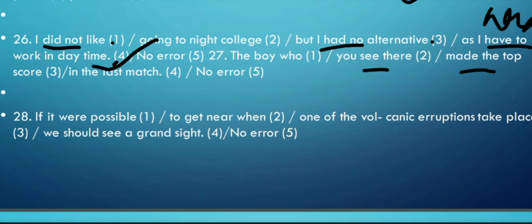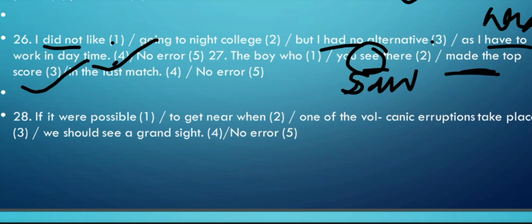Okay, so the error will be the boy who you saw there. It should be saw there made the top score in the last match. Okay, actually there is a typing mistake, so it should have been saw. So the error will be in part 3, had made.